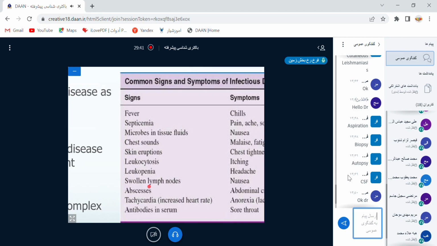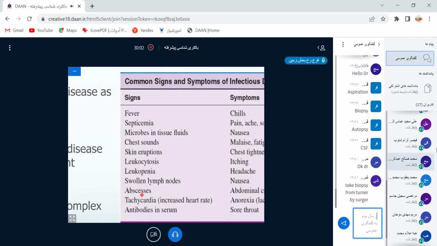The physician can easily look and feel them by finger. Abscess, we explain it in the next page: the presence of bacteria and immune cells, a reservoir inside the tissue between bacteria and immune cells.